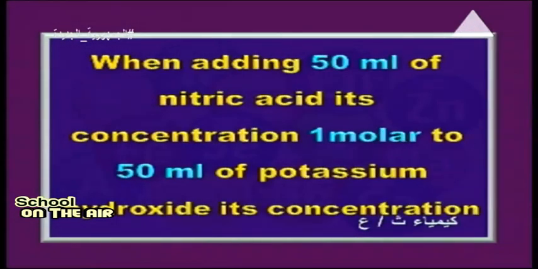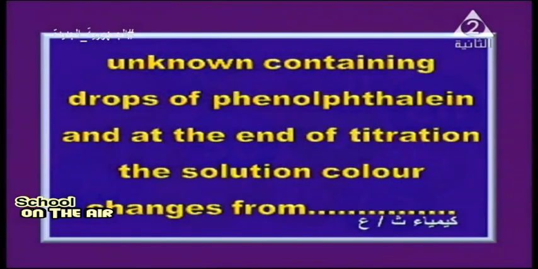Next point, when adding 50 milliliter of nitric acid, its concentration is 1 molar, to 50 milliliter of potassium hydroxide, its concentration unknown, containing drops of phenolphthalein. At the end of titration, the solution color changes from what?